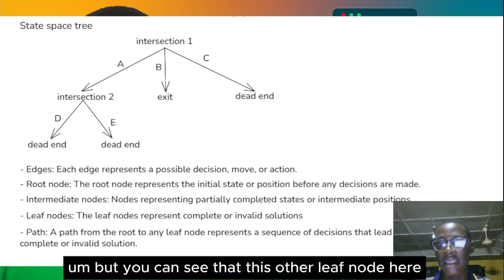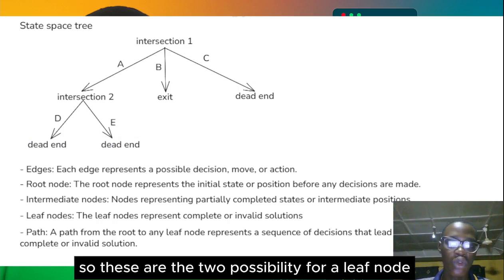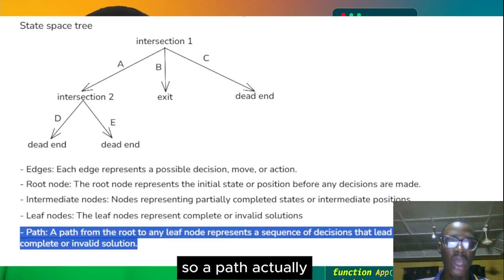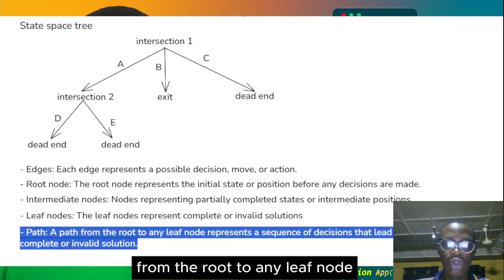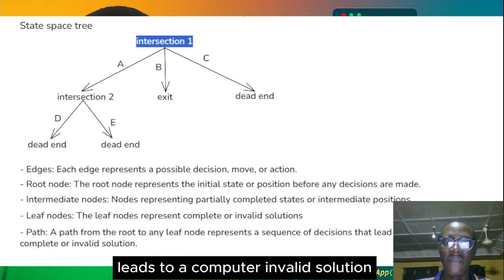But you can see that this other leaf node here and here lead to a dead end. So those are the two possibilities for a leaf node. A path from the root to any leaf node represents a sequence of decisions that leads to a complete or invalid solution.